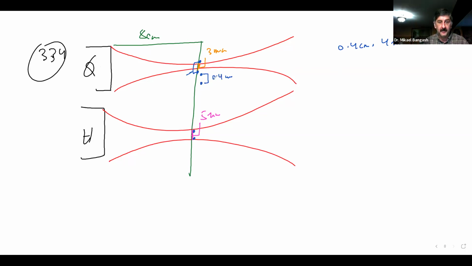So here they will appear as one. So system Q will be able to show us these two structures which were side by side as two structures, whereas this system will show them as one. Clear? Okay.